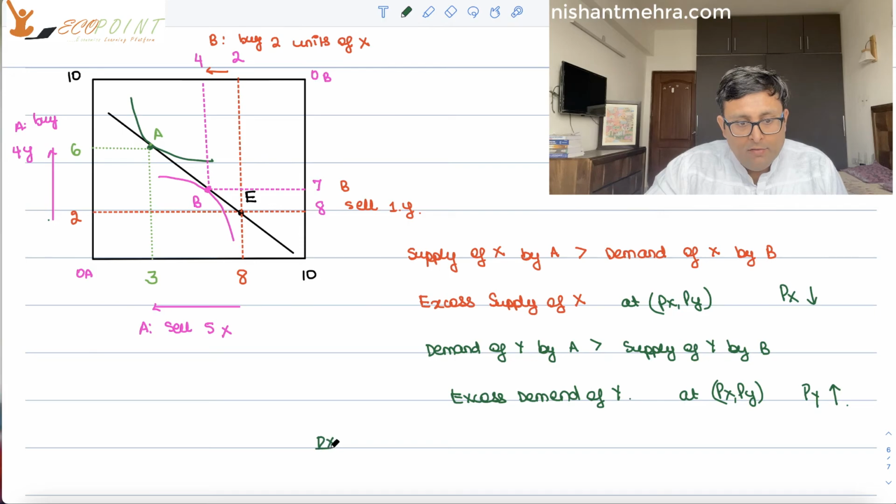So you have initially Px by Py like this. Now you have Px dash and Py dash. So Px is falling and Py is increasing. So this guy is going to fall. This guy is going to fall.